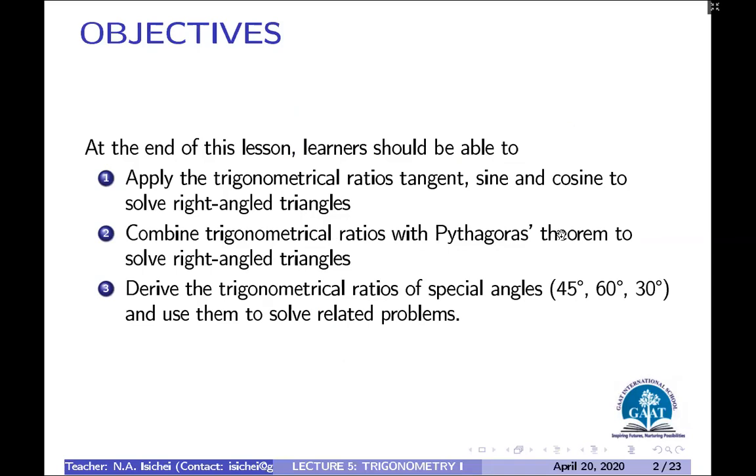Combine trigonometrical ratios with Pythagoras theorem to solve right-angled triangles. 3. Derive the trigonometrical ratios of special angles. When we say special angles, we mean 45 degrees, 60 degrees, and 30 degrees, and use them to solve related problems.